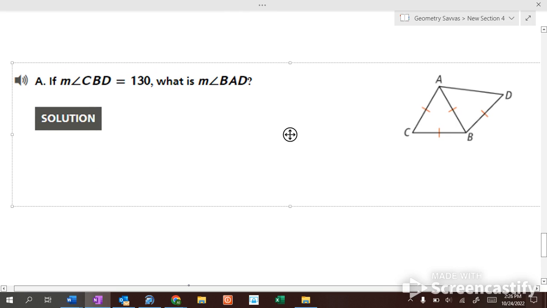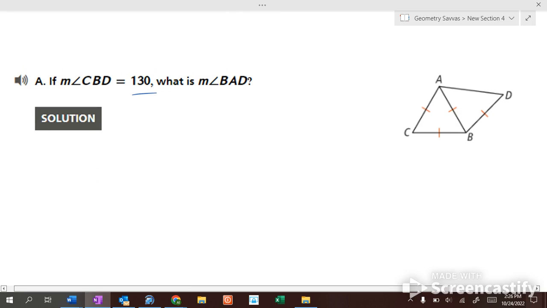Okay, if angle CBD is 130 degrees, what's this angle up here? Basically, I want to know what all the angles are here. Well, we start with our equilateral triangle. What's each angle in there? 60, 60, and 60. They say CBD is 130. What's left for angle ABD? That is 70, right?